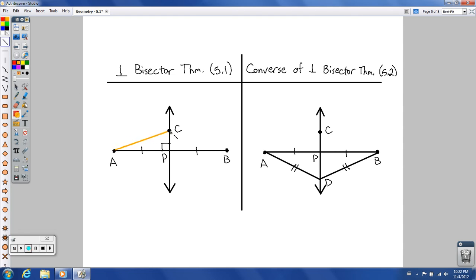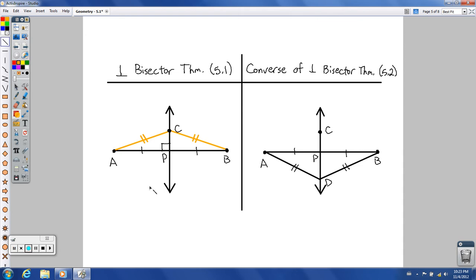So I'm going to connect A to C and B to C with my different color, and I'm going to say that this is true. So if I had a picture that looked like what was in black to start, I could also say that if PC was a perpendicular bisector of AB, that means if I connect A to C and I connect B to C, they're also going to be the same. That I hope makes intuitive sense.